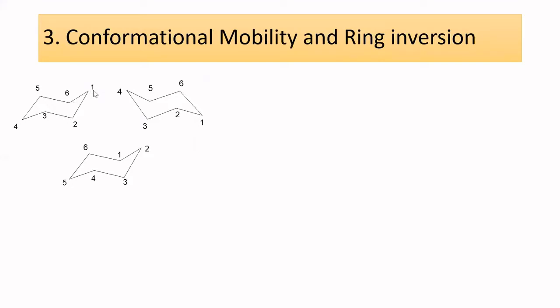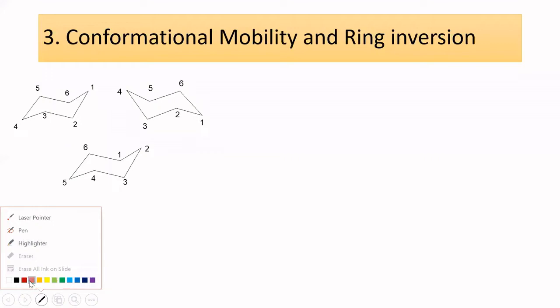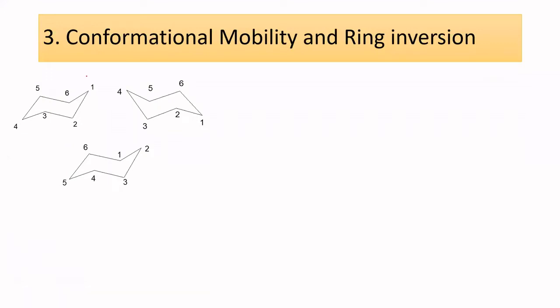Now, if I look at this first carbon here, there is an axial bond and an equatorial bond. At this first carbon, this is my axial bond and this is my equatorial bond.